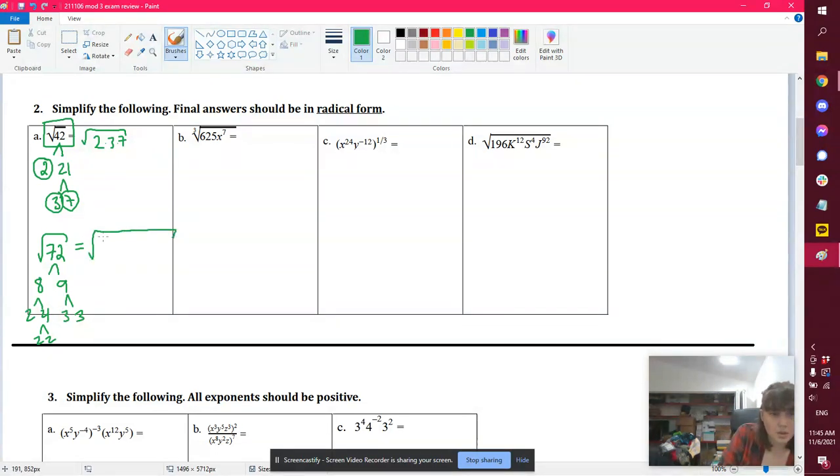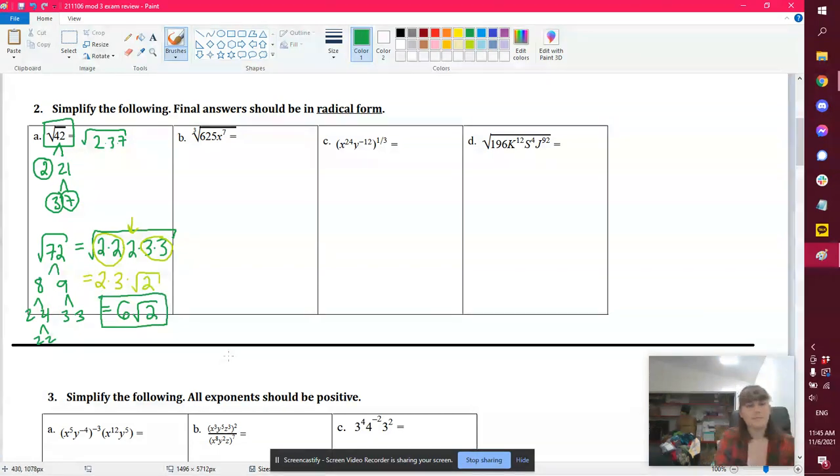So 72 becomes 2 times 2 times 2 times 3 times 3. We bring pairs out front. We leave the leftover square root of 2 in the back. And our final answer is 6 root 2. Pretty good.